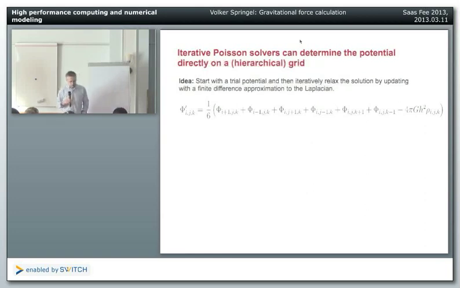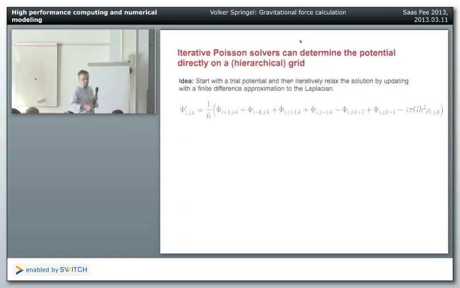It's also possible to do away with this Fourier transform business completely. And you can solve the potential also in real space directly, not using a convolution technique in Fourier space, but rather using a relaxation scheme where you, for example, use an estimator for the Laplacian of a given guess for the potential.